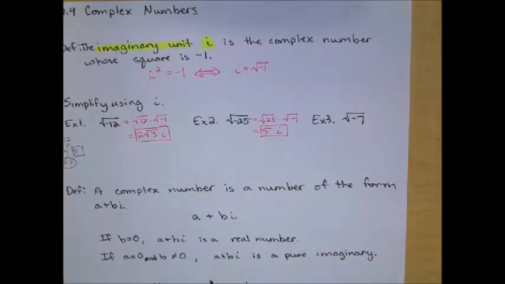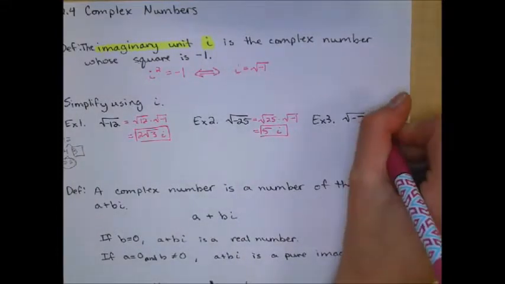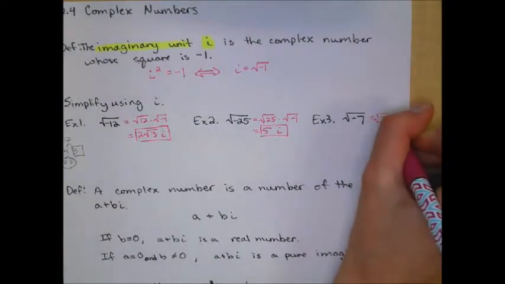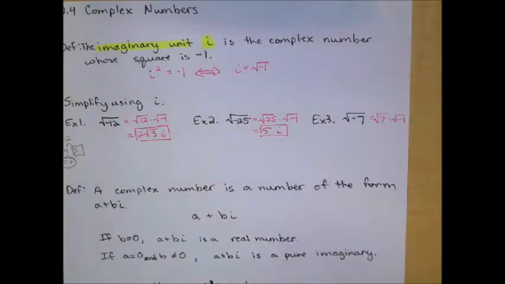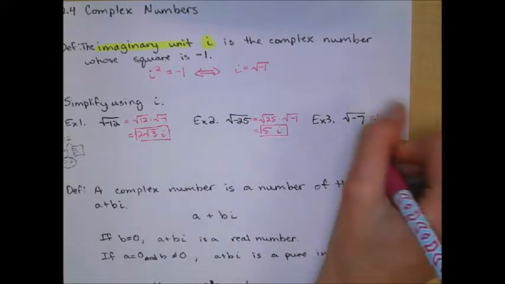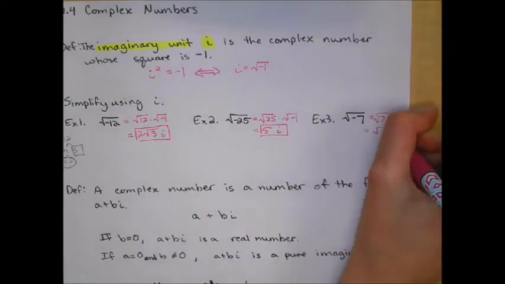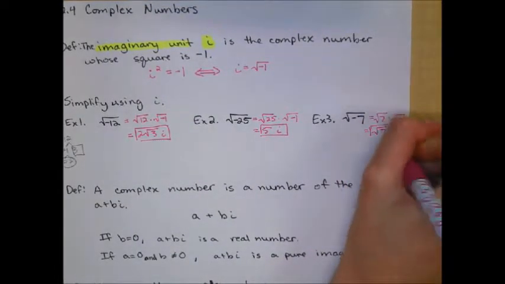Try example 3. Break it into the square root of 7 times the square root of -1. We can't simplify the square root of 7. And then the square root of -1 is i.